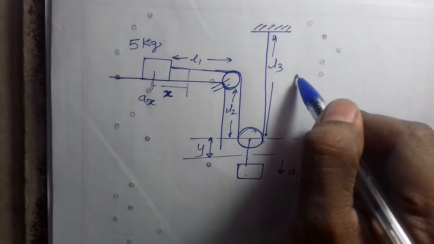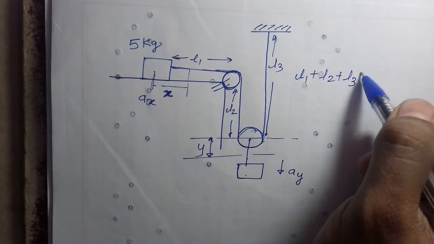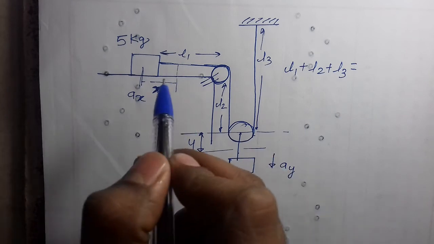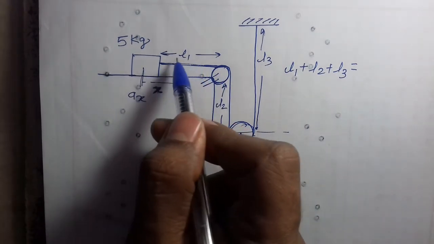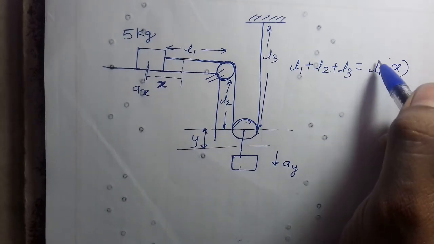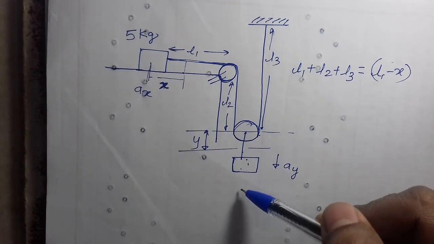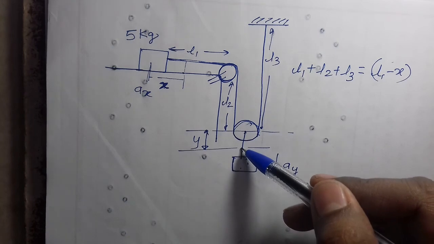Then the initial length of the string is L1 plus L2 plus L3, right? Okay. When this block moves from this point to this point, this length becomes L1 minus x. When the block moves downward by y, the pulley also moves downward by distance y.